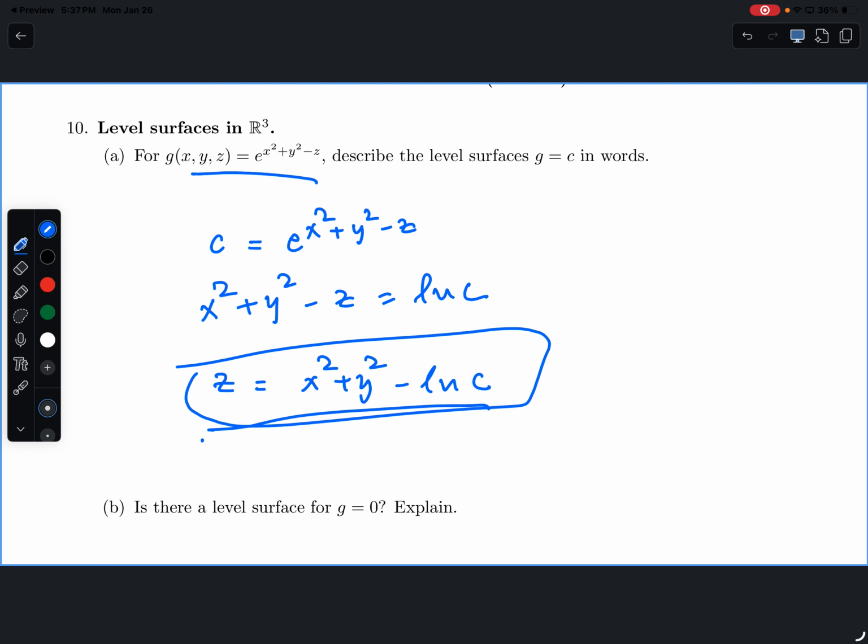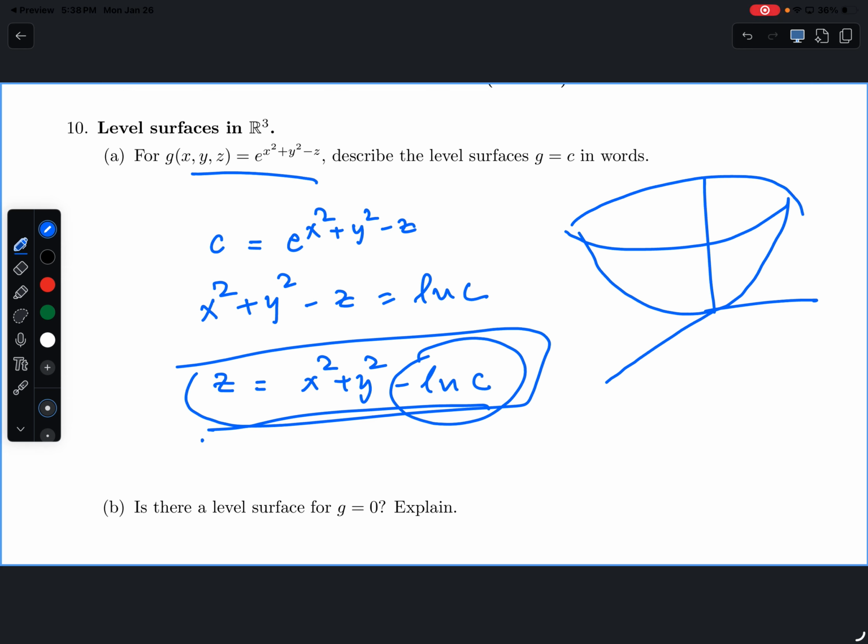What does this surface look like? A function of 3 variables, we cannot draw it in 3-space. We need 4-space. We don't know how to do 4-space. So this is one of the level surfaces corresponding to one value of c. What happens if c is equal to 1, then natural log of 1 is 0. So this is z equal to x squared plus y squared. And we know that this is a paraboloid.